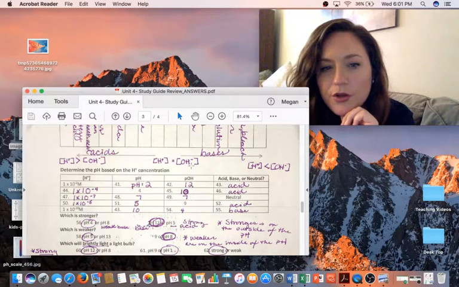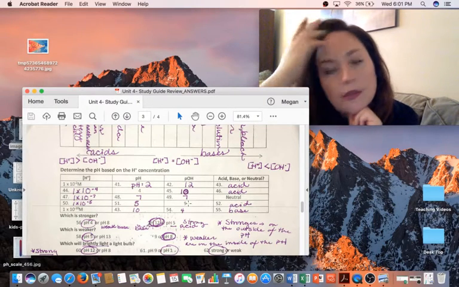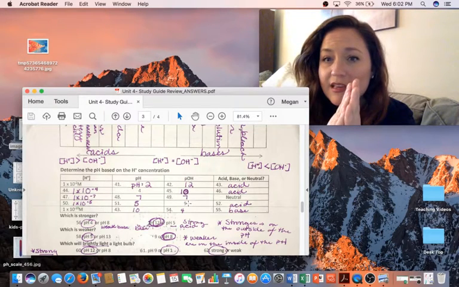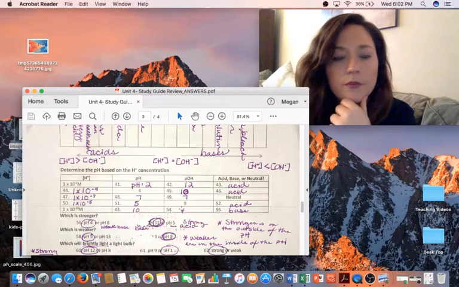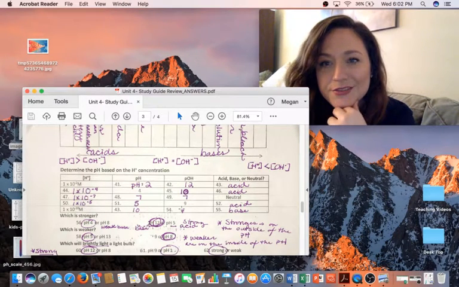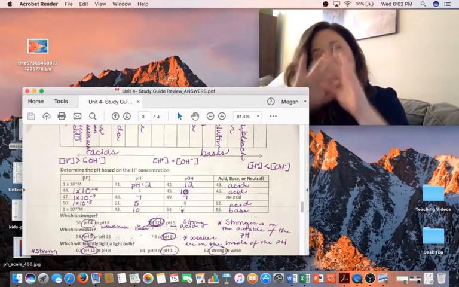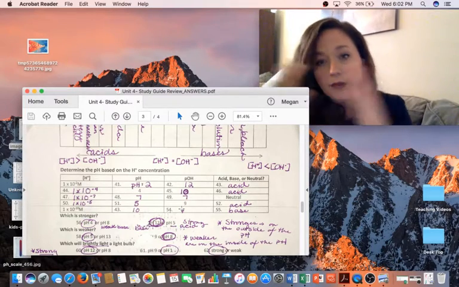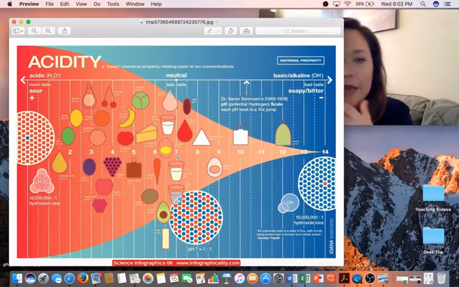Now, the third column is asking for your pOH. The really cool thing is the pOH scale is the opposite of pH. We know that pH and pOH together make up 14, this whole scale.